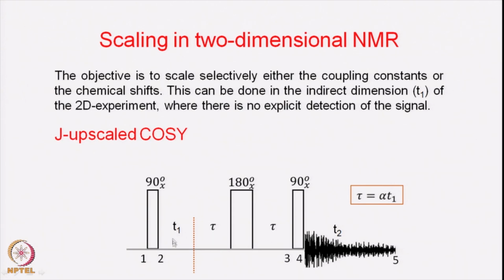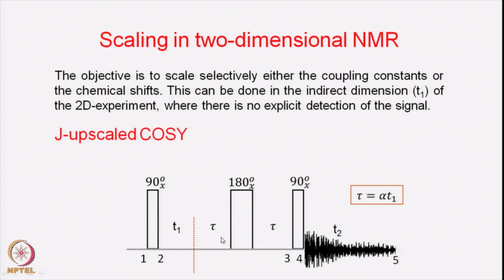Therefore, during this period the transverse relaxation happens with a time constant which is T2 star, which includes T2 plus the contribution from the field inhomogeneity, whereas here during this period the relaxation will be dictated by T2 alone, there will be no field inhomogeneity contributions. Therefore, the signal will decay in the following manner: up till here it will decay with the time constant of T2 star, and from here to here it will decay with the time constant of T2.